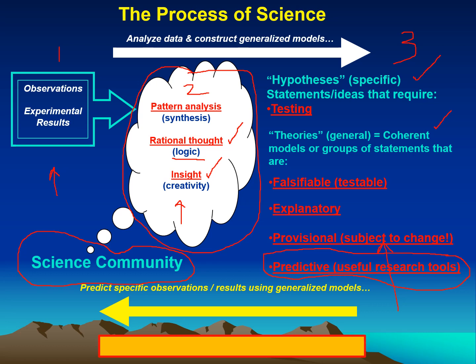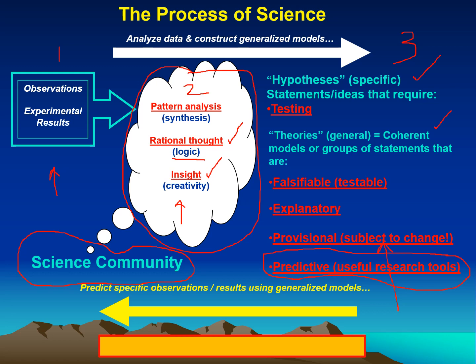And typically, science is no longer done by a single scientist working alone in a laboratory. It's done by an entire community of scientists who are both doing the initial work and reviewing the work of others. That is to say that modern science is very much a communal and a collective enterprise.